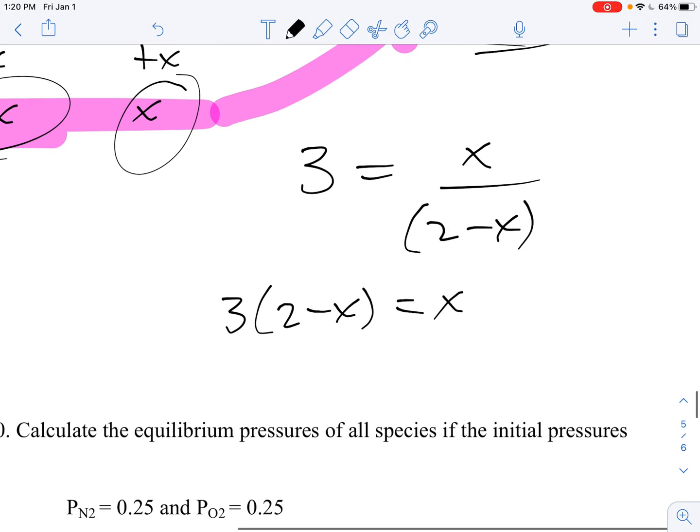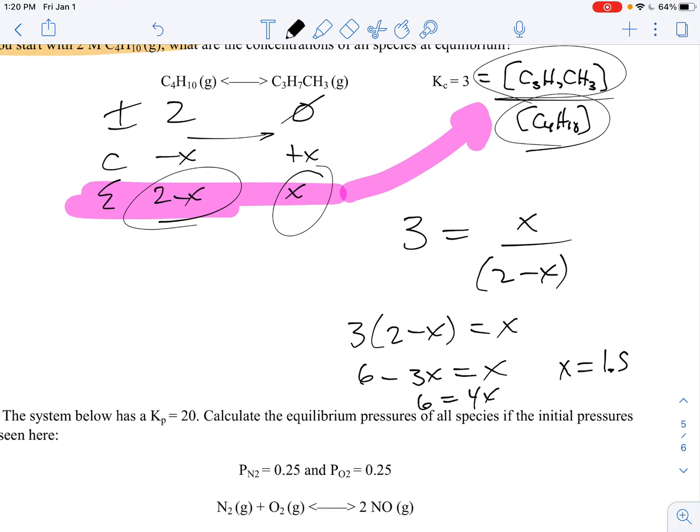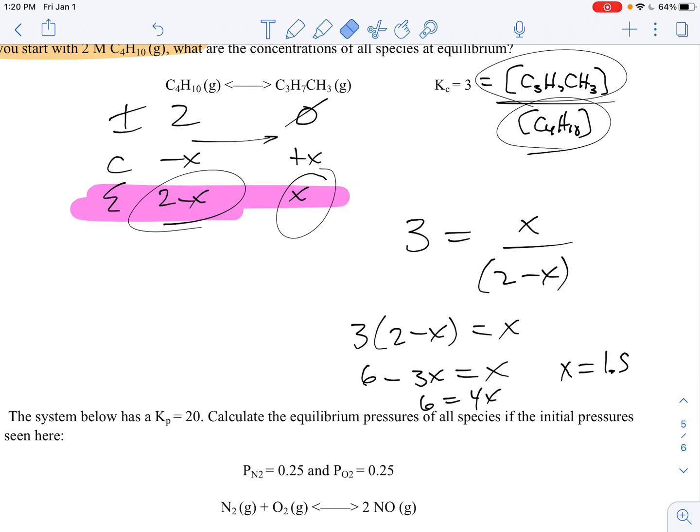So then this is going to be 3 times 2 minus x is equal to x, or that's going to be 6 minus 3x is equal to x. 6 is equal to 4x. X is equal to 1.5, I think, if I've done my math right here. So my x is equal to 1.5.